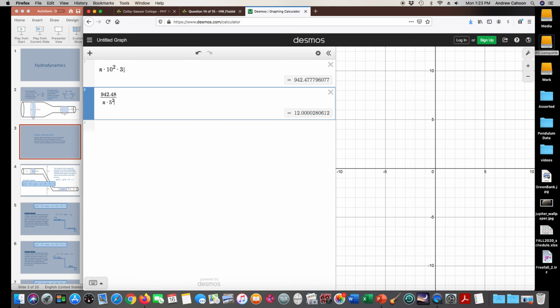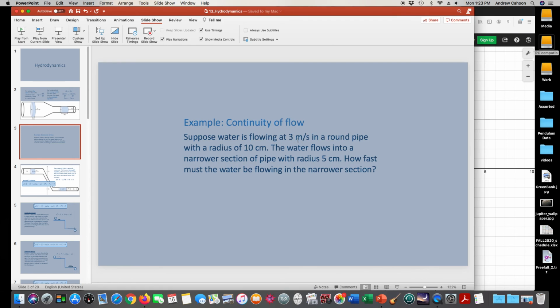Area times velocity gives me this flow rate, and that's equal to area times velocity on the other side, so I divide by the area on the other side, and that gives me the velocity of 12 meters per second. So on the big side of the pipe, 3 meters per second. On the narrower section, we have faster flow at 12 meters per second.